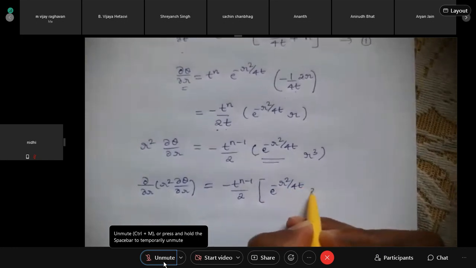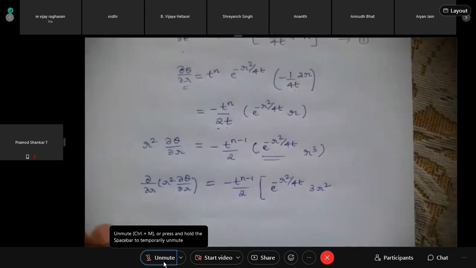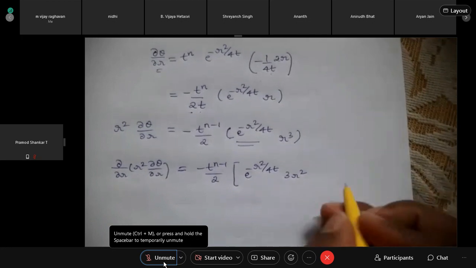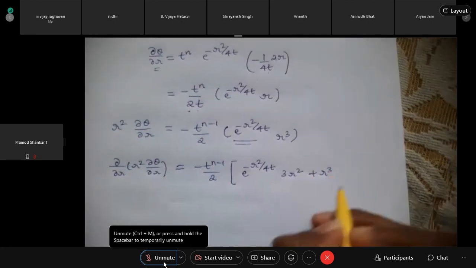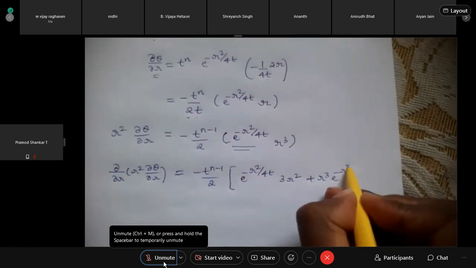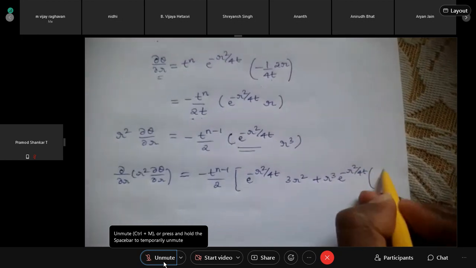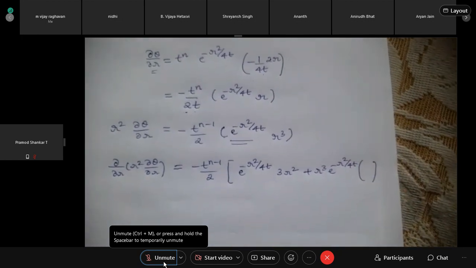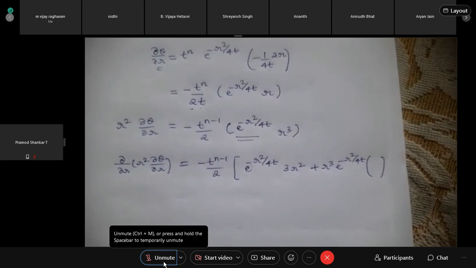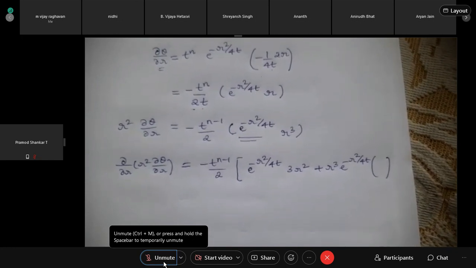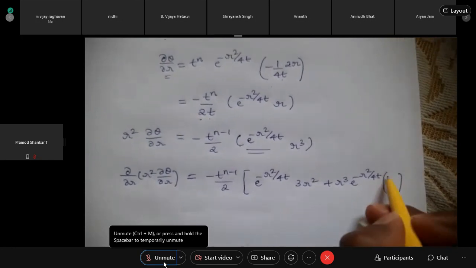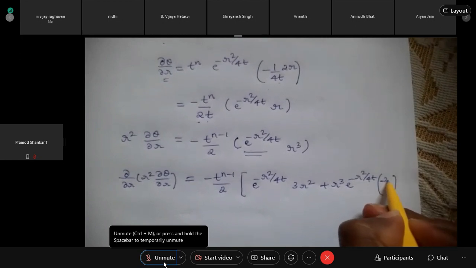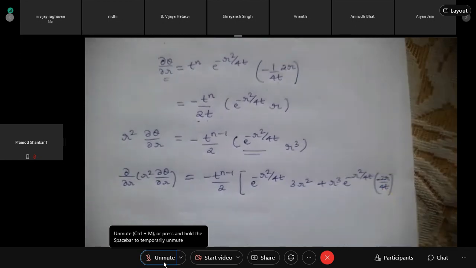First term into differentiation of the second one, that is 3r square, plus second term into differentiation of the first one, that is e power minus r square divided by 4t into differentiation of the interior term. What will happen to the interior term? It is minus 2r by 4t.